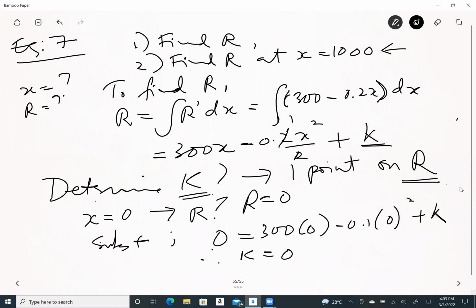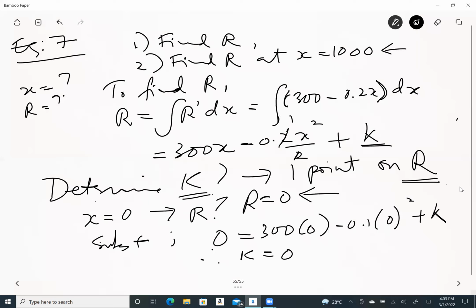So your revenue, after you do the substitution with that point, will be just 300x minus 0.1 x squared. There will be no k because k is equal to 0. So revenue is equal to that function.